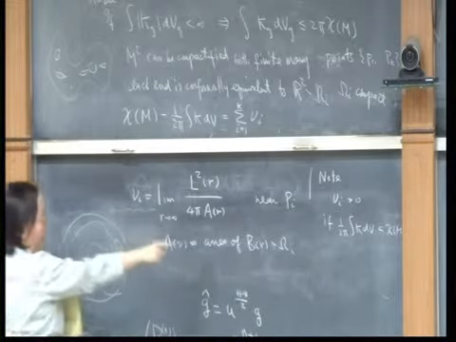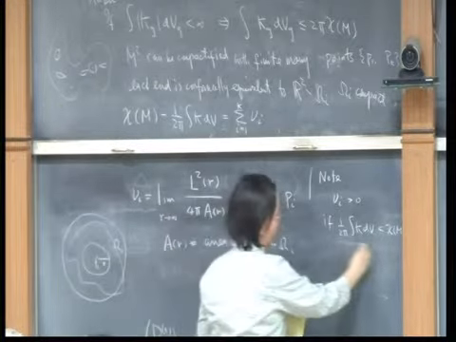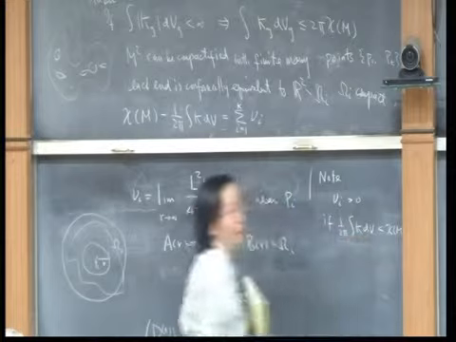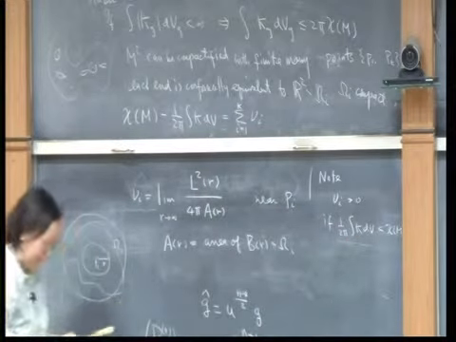That happens if the integral of the Gaussian curvature is strictly less than 2 pi times the Euler characteristic.